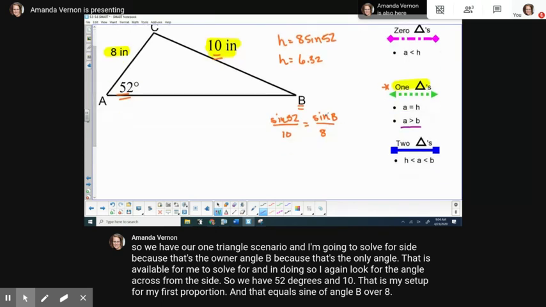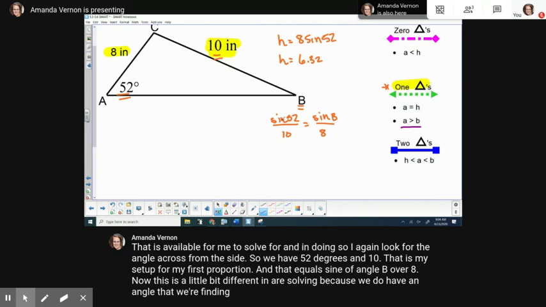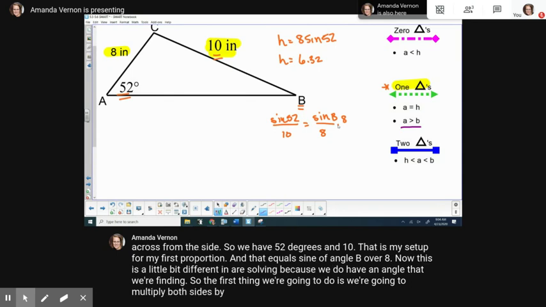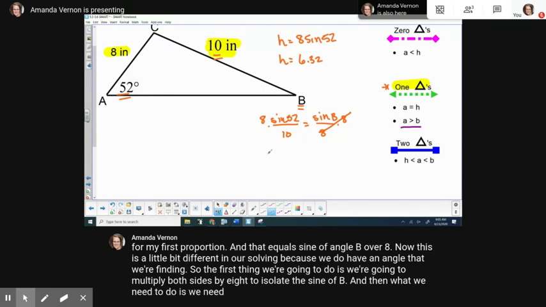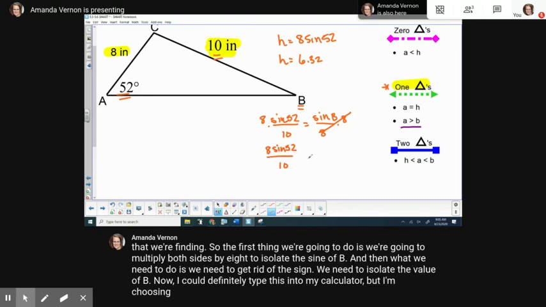Now this is a little bit different in our solving because we do have an angle that we're finding. So the first thing we're going to do is multiply both sides by 8 to isolate the sine of B. And then we need to get rid of the sine. We need to isolate the value of B. Now, I could definitely type this into my calculator, but I'm choosing not to because I want to wait and type it in all at the same time.